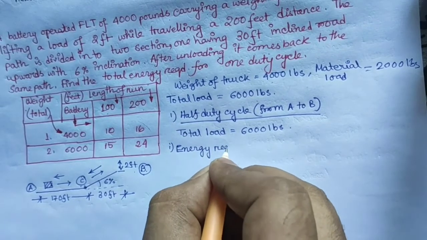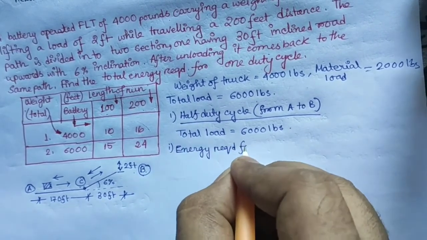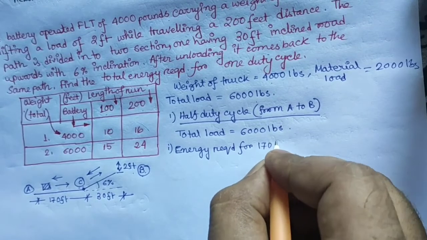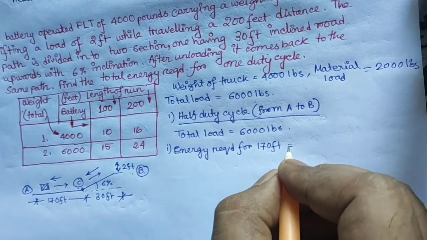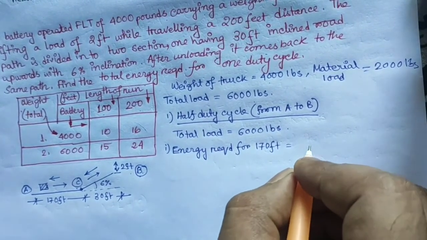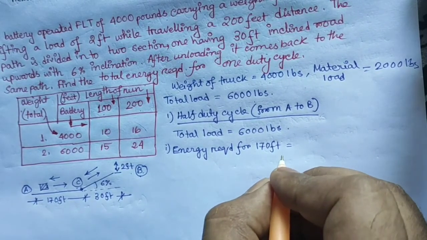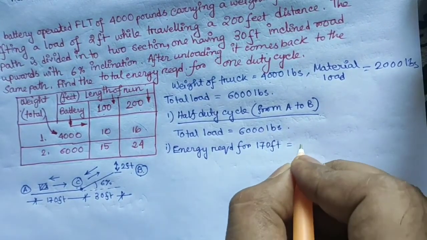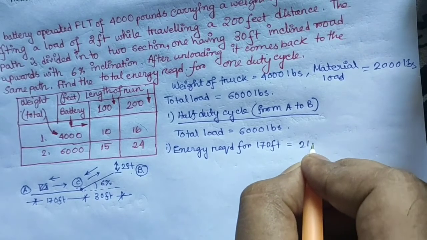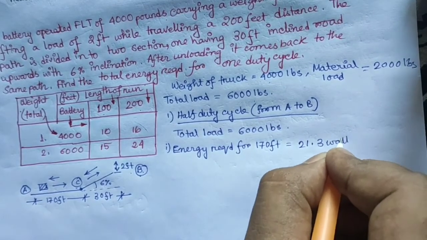Energy required for 170 feet. By interpolation method, we have found out for 170 feet, that is 21.3 watt hour.